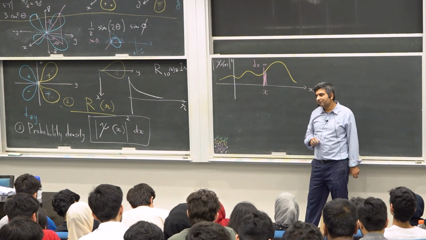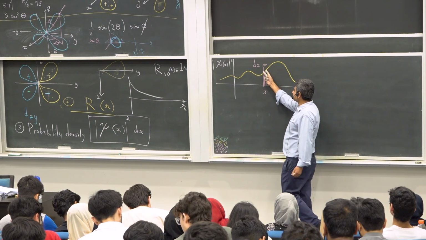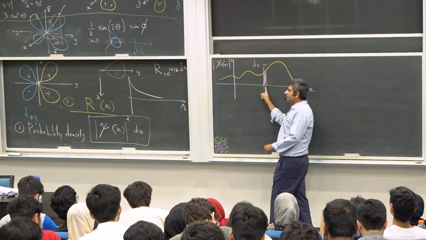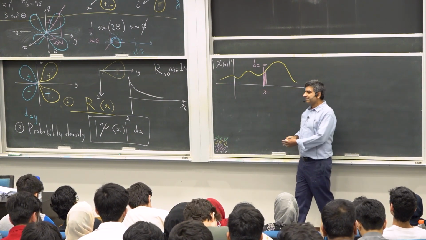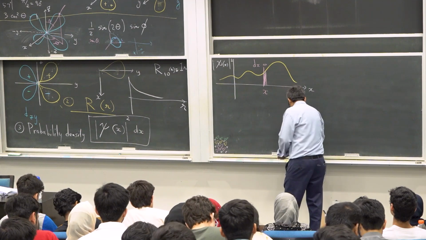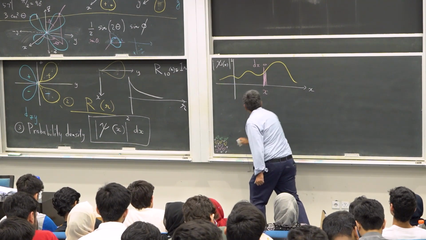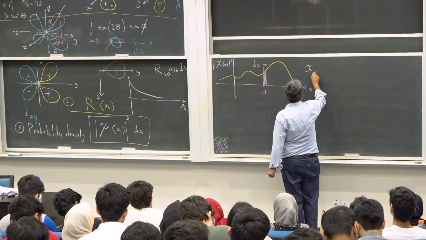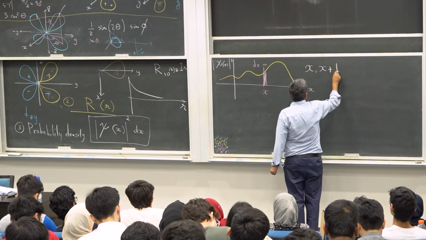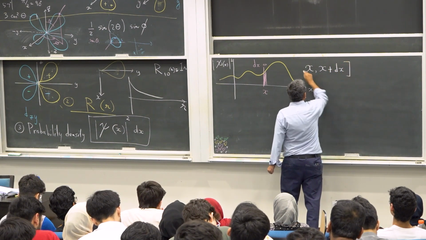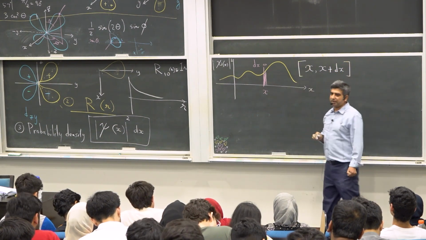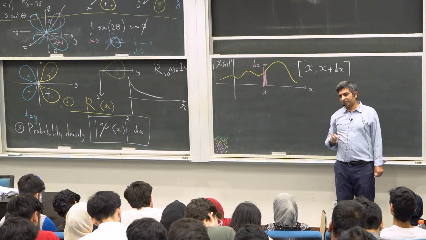Correct? This is the area under this graph in this region which is at x. So it's the region between x and x plus dx is the probability of locating the particle inside this region.